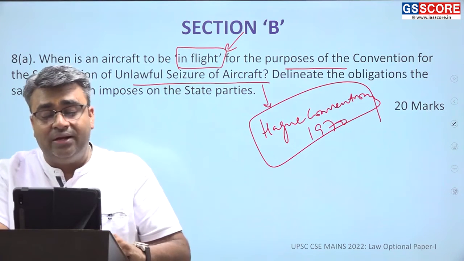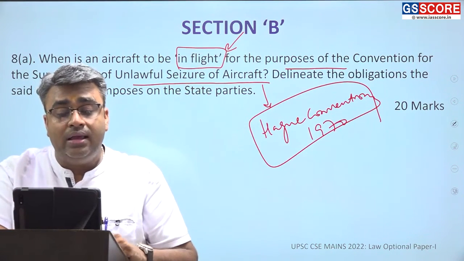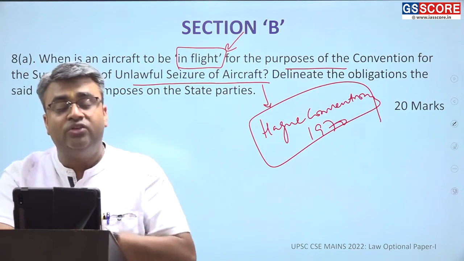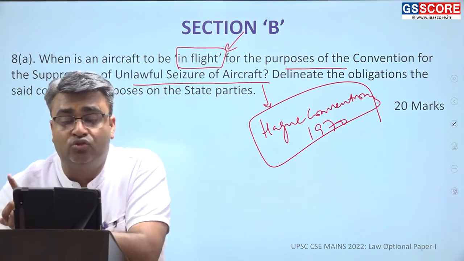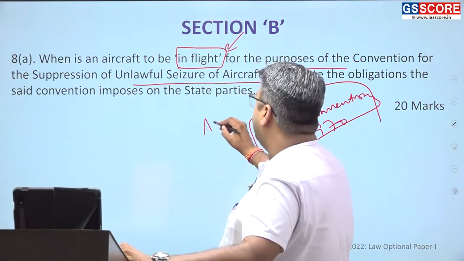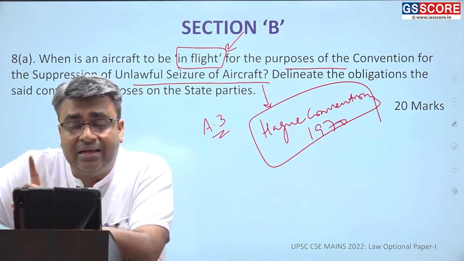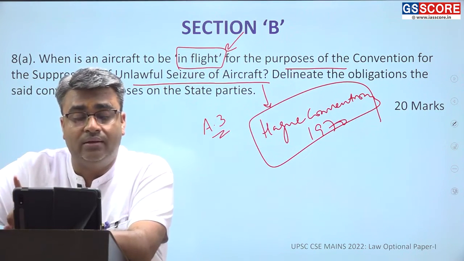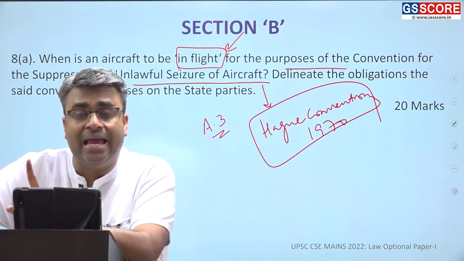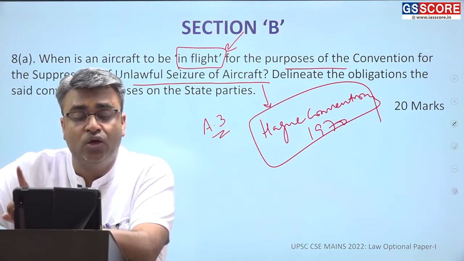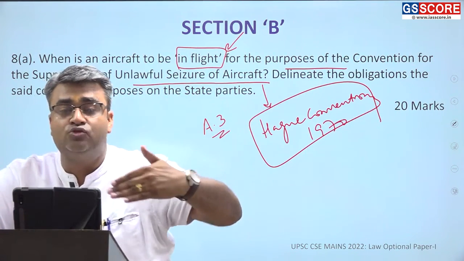So in 1970, Article 3 of this Hague Convention says, for the purpose of this convention, you have to refer to Article 3, number 1, which says an aircraft is considered to be in flight at any time from the moment when all its external doors are closed following embarkation until the moment when any such door is opened.